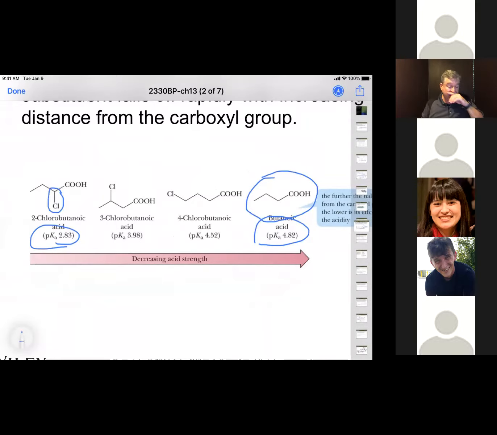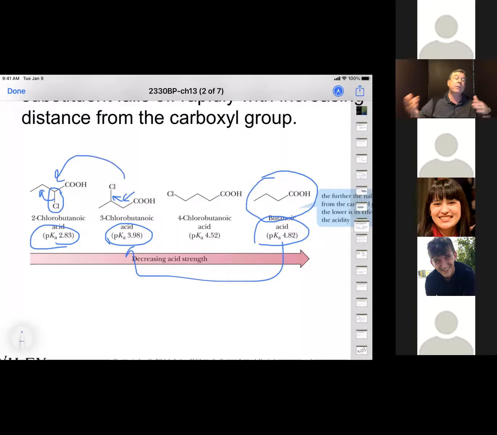If we move this chlorine over 1 atom, now it has to pull through this bond and that bond. The effect is diminished. We're only down to about 0.8 pKa value points below our starting material. So it is less acidic than the one bonded directly to the carbon next to the carbonyl.